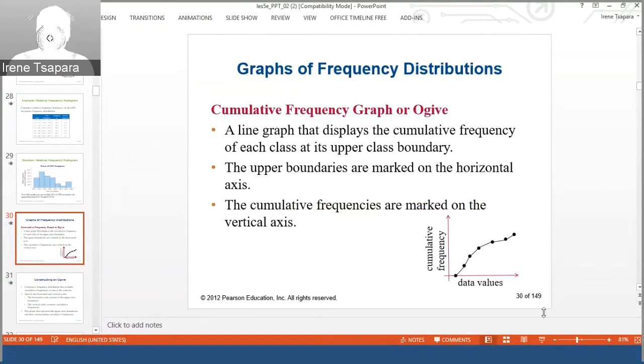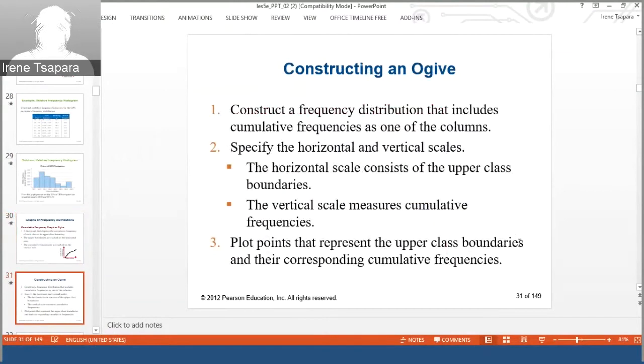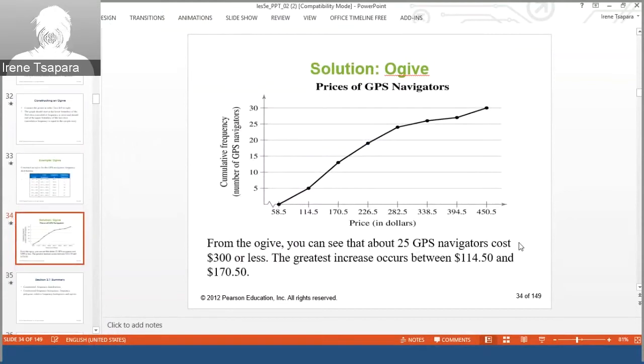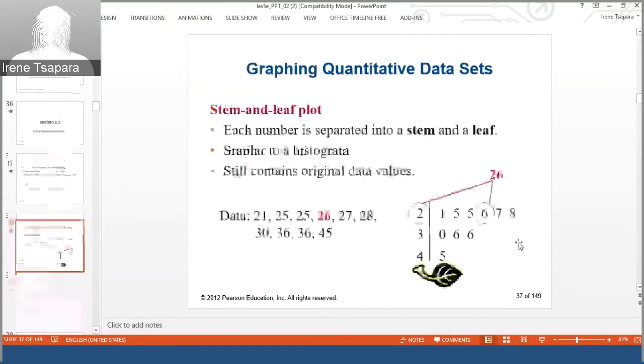So if the frequency here is 5, then it's going to be 8. 8 plus 5 goes to 13, and if this is only 7, then 13 plus 7 is going to 20, and so on. It's a cumulative frequency. That's why it will always be an increasing monotonic curve. And this is an explanation of how to create an Ogive graph. We are not going to go through that in detail.